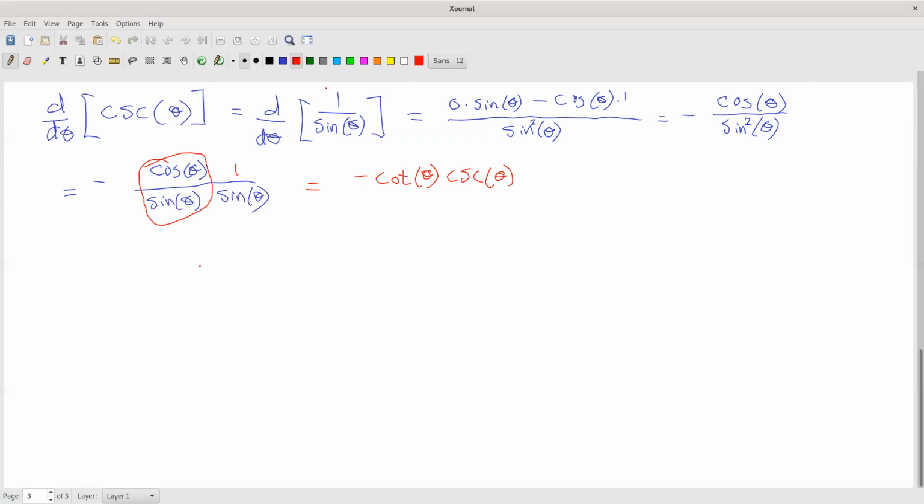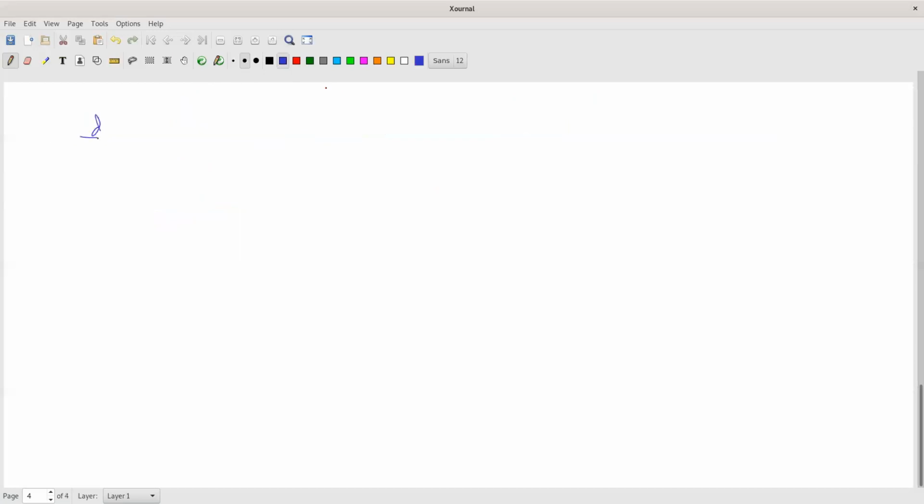Now I'm going to forego proving the others. You could easily do that based on the 2 examples I just did about tangent and cosecant. Just going to list out all the trig derivatives. So we have the derivative with respect to theta of the sine of theta is the cosine of theta.